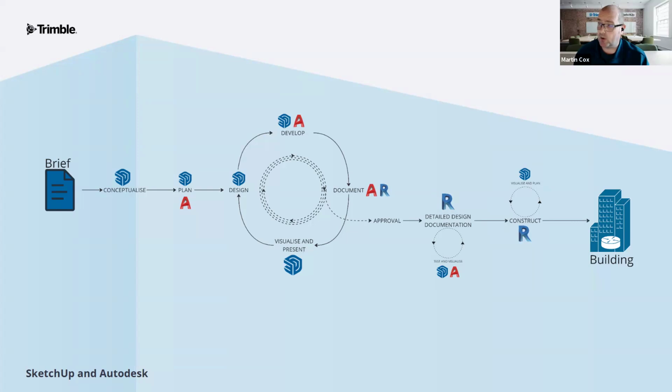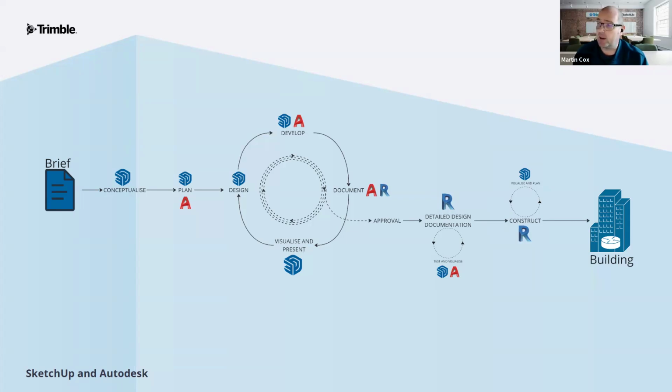And this is when AutoCAD gets involved as well. We know there are 2D plans presented there. Then some of the design goes into SketchUp, developing that design with SketchUp and AutoCAD, beginning to document it in AutoCAD and Revit, and then visualizing and presenting it within SketchUp as well.